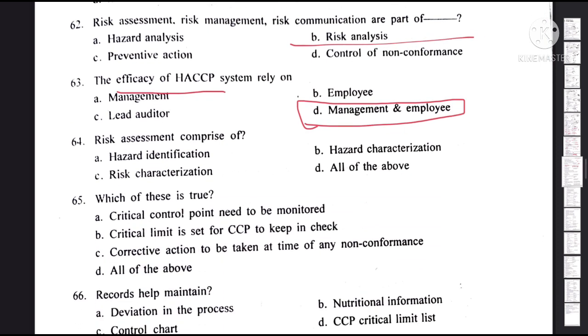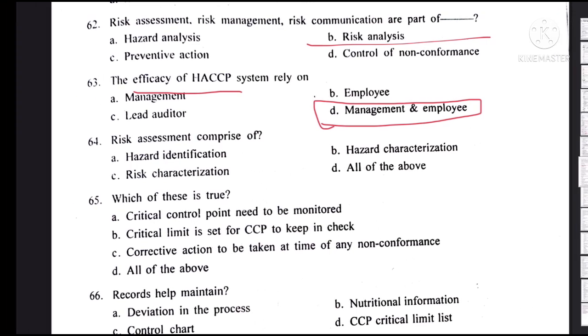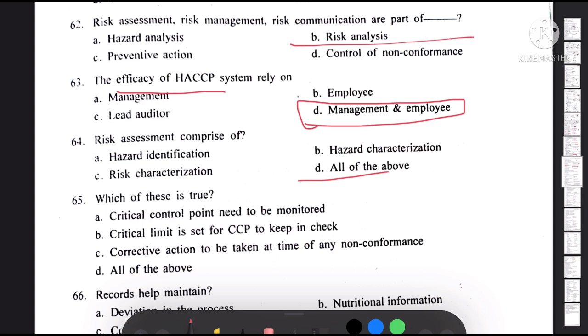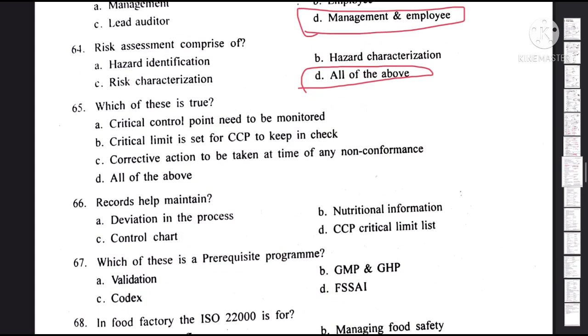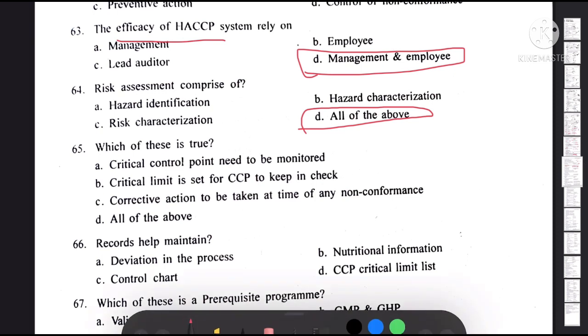Next, risk assessment comprises of hazard identification, hazard characterization, risk characterization, or all of the above. So risk assessment comprises of all of the above. Next, which of these is true? Critical control point needs to be monitored.